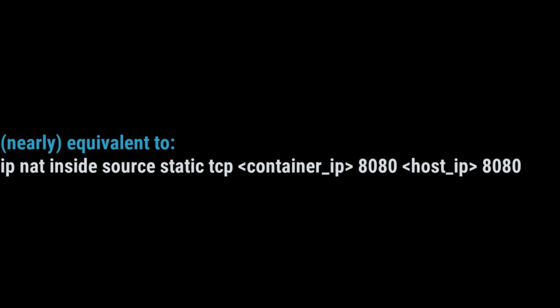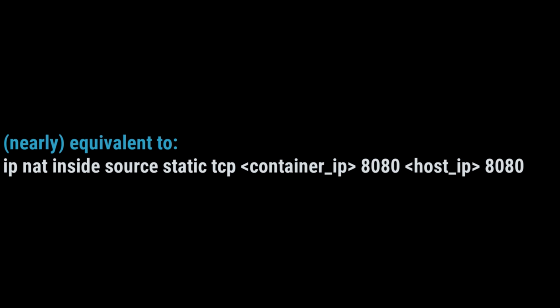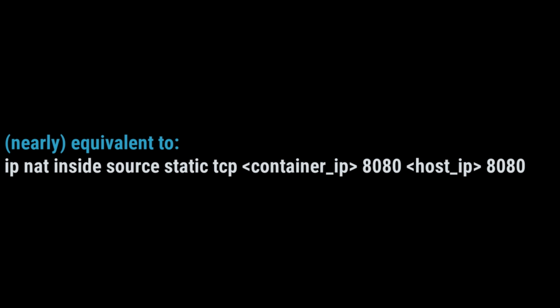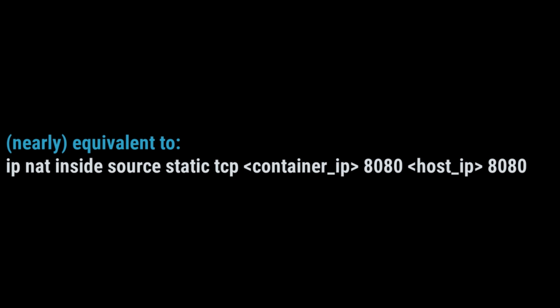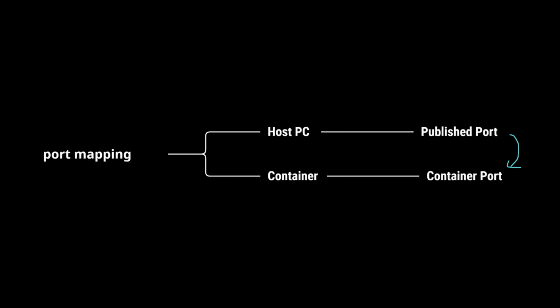The inside local address, the container's private IP, gets translated to an inside global address, the host's IP. So, the P flag isn't magic. It's simply a convenient way to automatically create this port forwarding rule for you, equivalent to a static NAT entry on a router. But why is this P option even necessary?